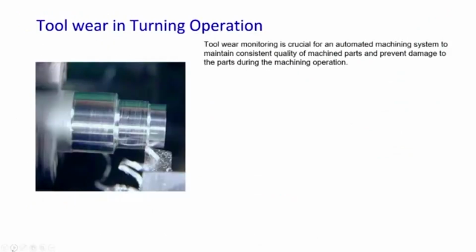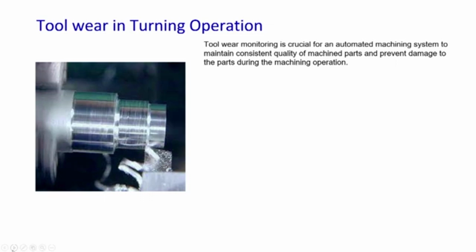Now, we have seen some of the applications or aspects of using lasers on the shop floor in manufacturing automation. Now, let us take a case study: how exactly lasers can help to solve the problems of monitoring. Here we have taken an example of a turning operation.